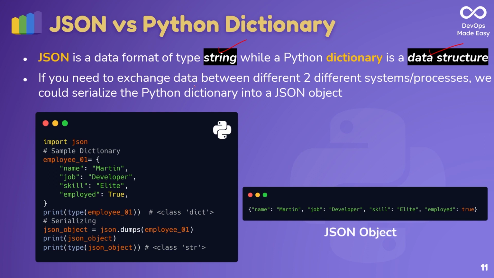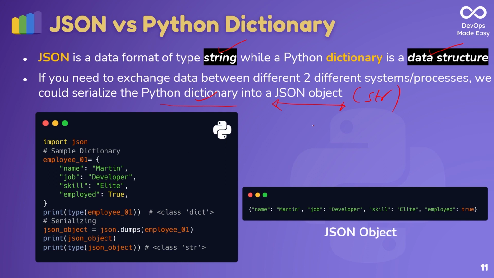If you need to exchange data between two different systems or processes, or let's say between two different microservices, we could serialize a Python dictionary, and that becomes a JSON object. That's why the Python dictionary is a data structure. Once you serialize a dictionary, it becomes a JSON object of type string.